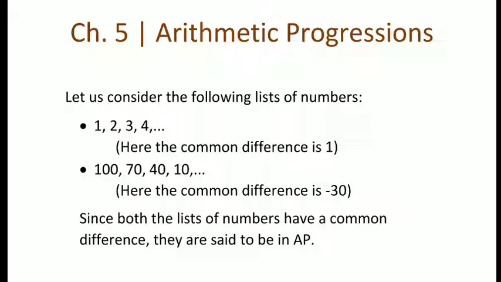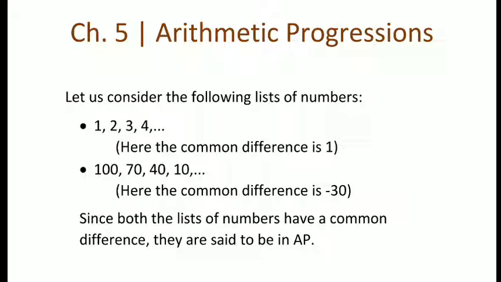The second group has 4 numbers. The first term is 100, the second term 70, the third term 40, and the fourth term is 10. Let us see whether they satisfy the specific characteristic or not.